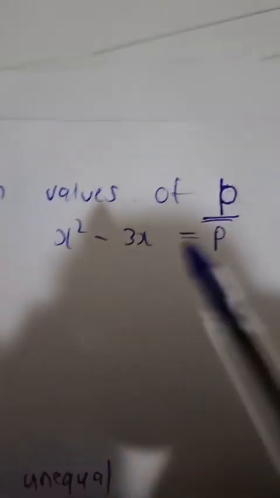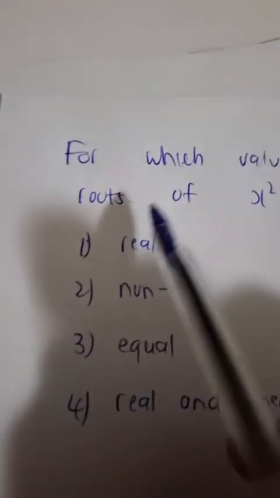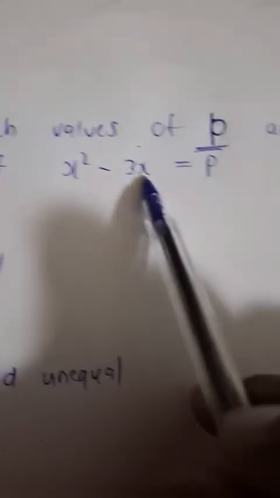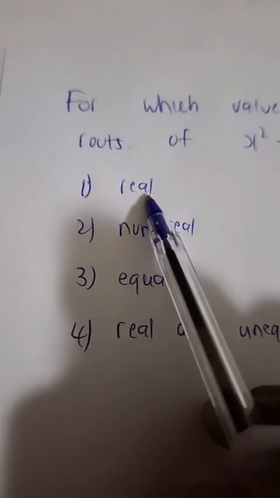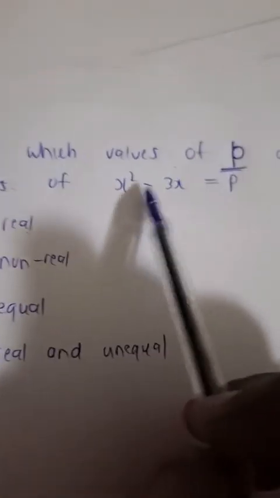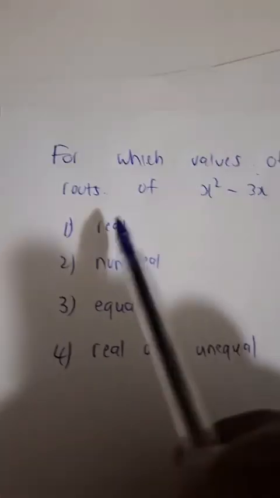For which values of p are the roots of x squared minus 3x is equal to p real?